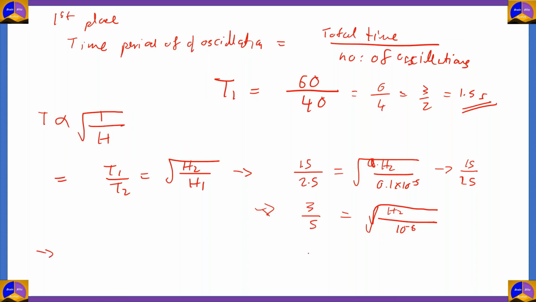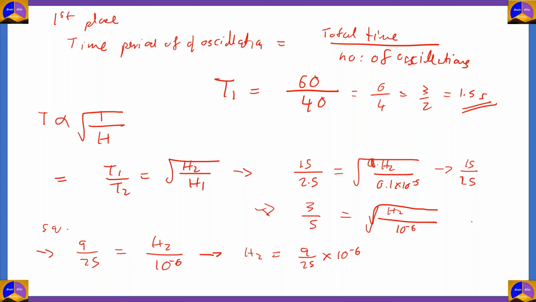So over here, let's square it on both sides. Therefore, we'll have 9 by 25, since 3 squared is 9 and 5 squared is 25, equal to H2 divided by 10 raised to minus 6. So we can write H2 as 9 by 25 times 10 raised to minus 6.